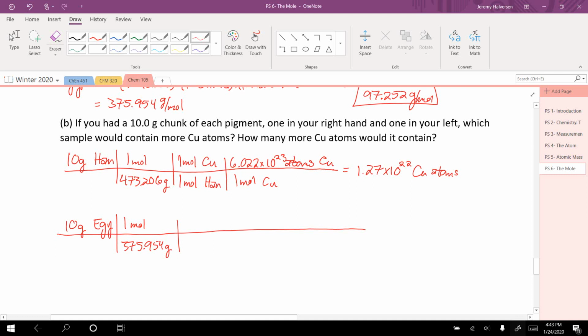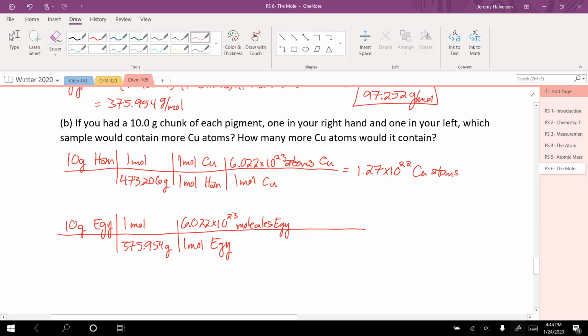You could do it exactly the same as I did up here, but I'm going to change this first to molecules of the dye. So why did I use Avogadro's number here and say atoms and here and say molecules? Well, because I was in units of copper. Copper is an atom.